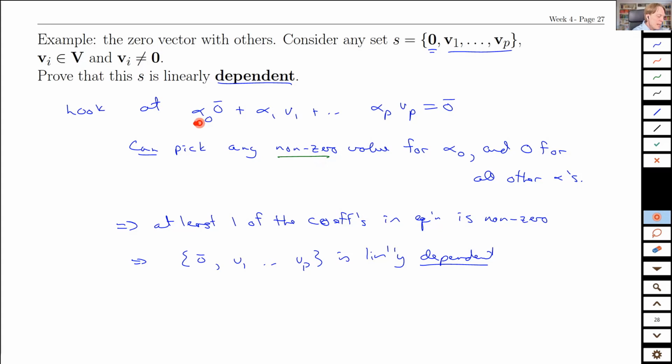So I just pick 10 of these plus 0 for all the rest of them. That's guaranteed to add up to 0, and that is a solution with non-zero values in it. Exactly. So if the 0 element is in any set, whether it's by itself or with a bunch of others, you have a linearly dependent set, guaranteed. That's nice. It doesn't happen often, but if it does come up, I can tell you immediately what category this set of vectors falls into, dependent or independent.